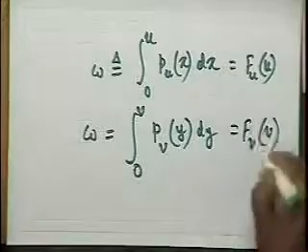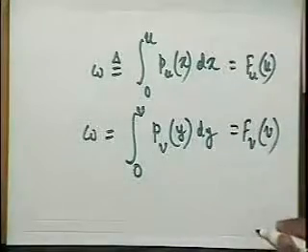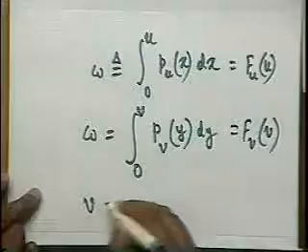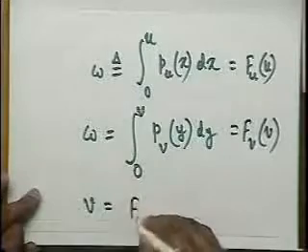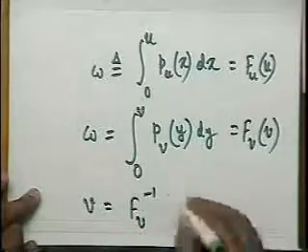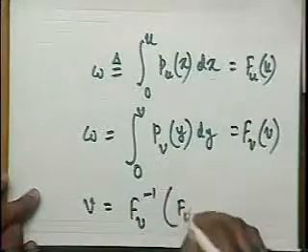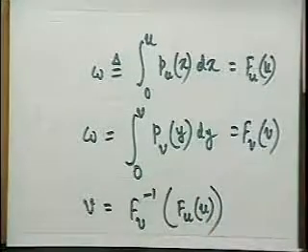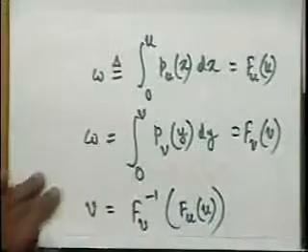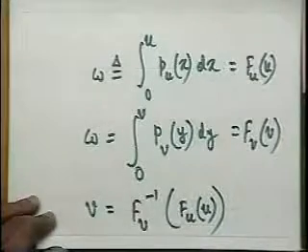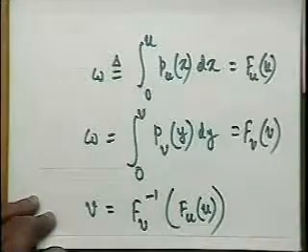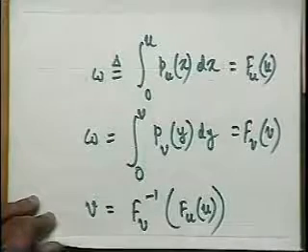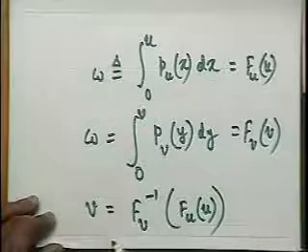Now if from these two equations I eliminate W, can you tell me what results? I get V as Fv inverse of Fu(u), because V is the output function.